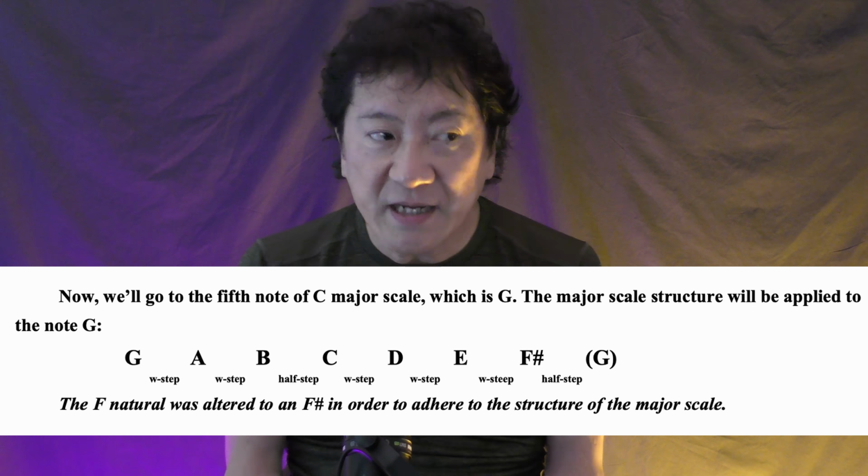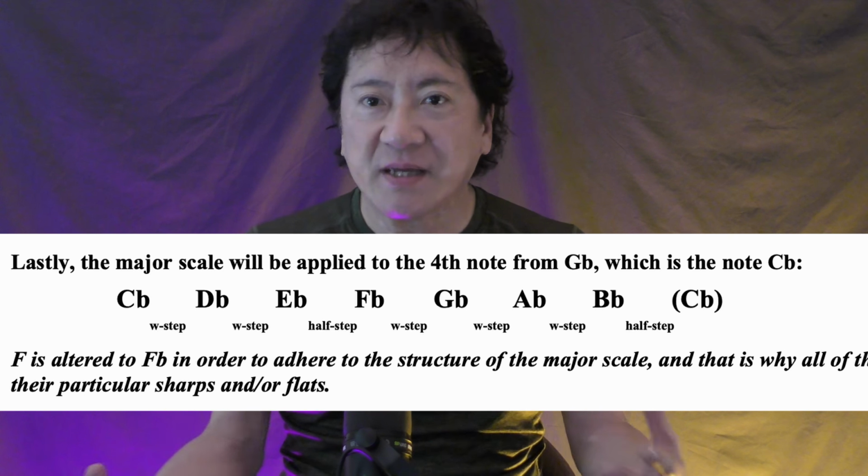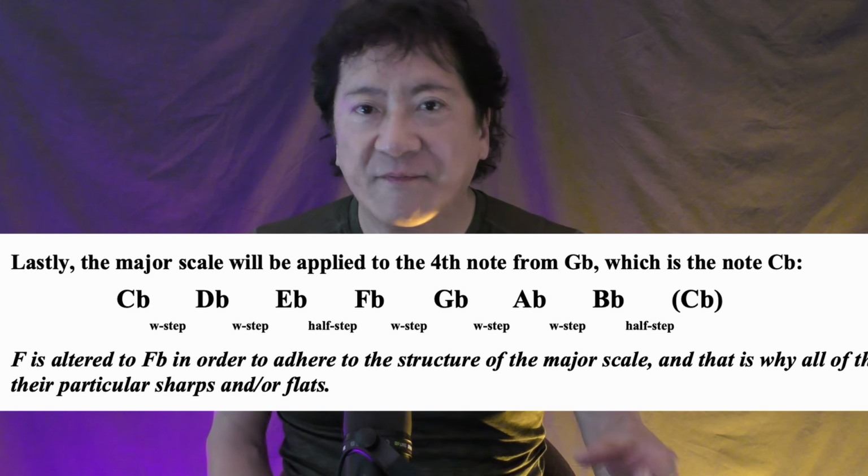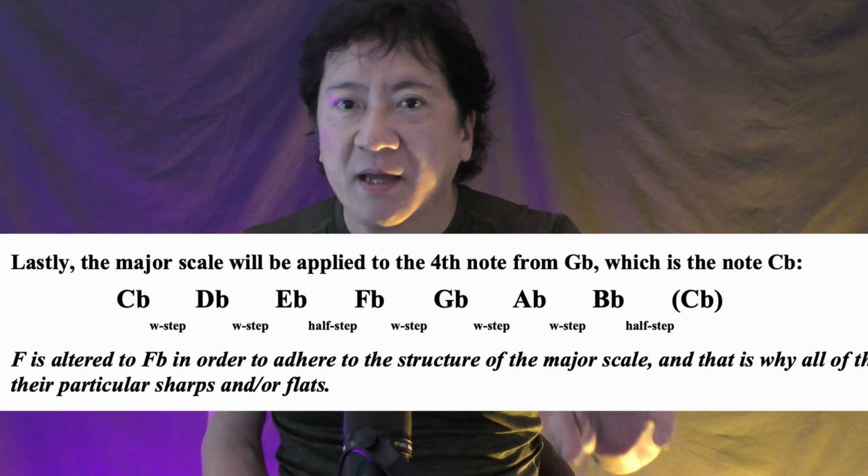And that is why all of the keys that we went through on both circles have their particular sharps and flats, right? And that's why it's ordered that way as well, okay? That's how they acquire these sharps and flats.